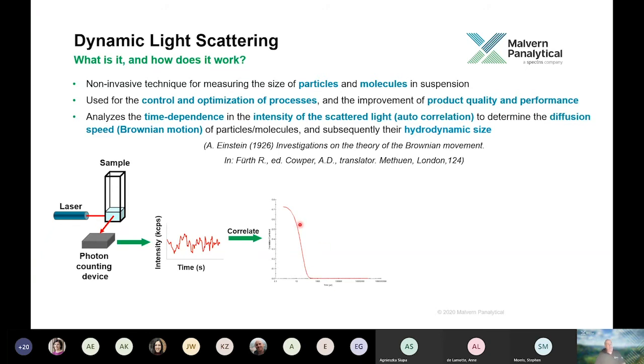This curve contains diffusion coefficients, and we apply suitable algorithms to that curve to pull out our distribution of diffusion coefficients, and then we convert that into our distribution of sizes using the Stokes-Einstein equation.